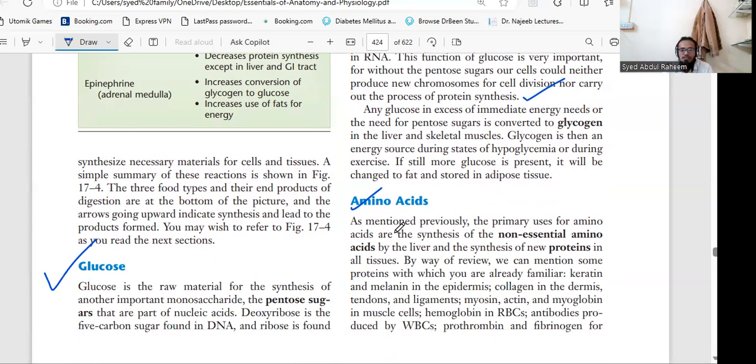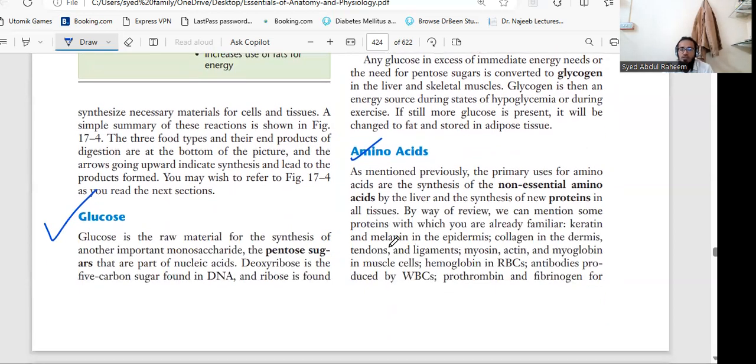Next, we have the amino acids. Amino acids are also very important because they are formed after the breakdown of proteins. We need keratin, melanin, collagen, tendons, ligaments, myosin, actin, myoglobin. These all need amino acids.